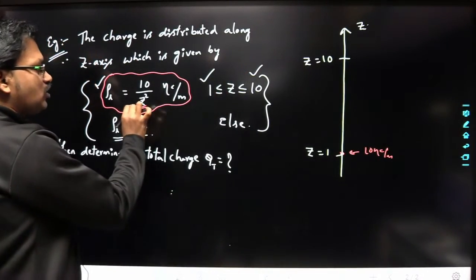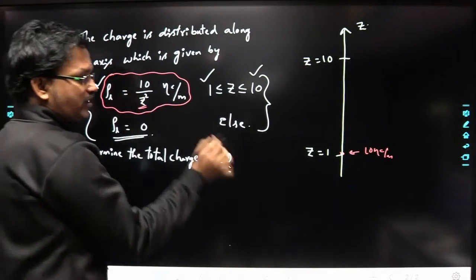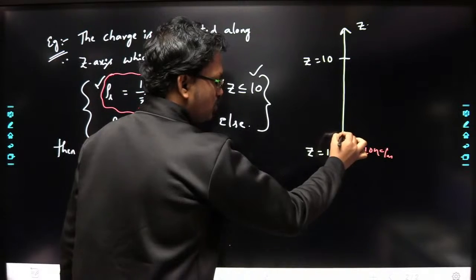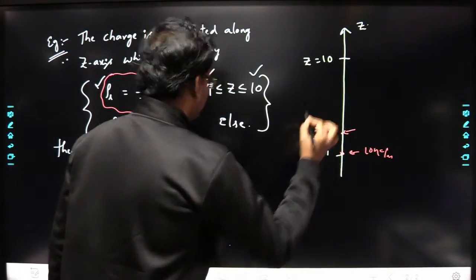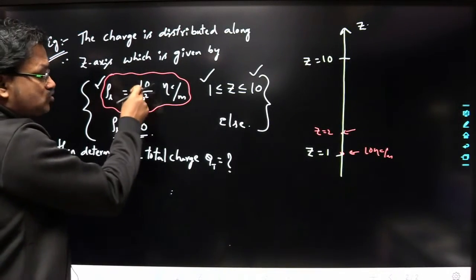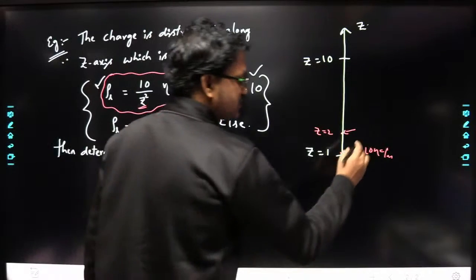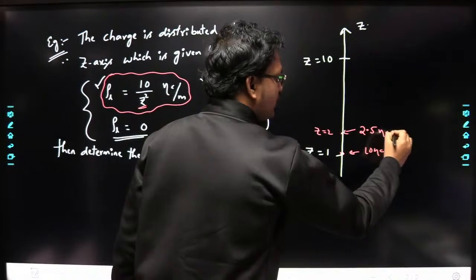Now if you go to a location z equal to 2, what you are getting is 10 by 2 square, that is 10 by 4, so here you are having 2.5 nanocoulomb per meter.